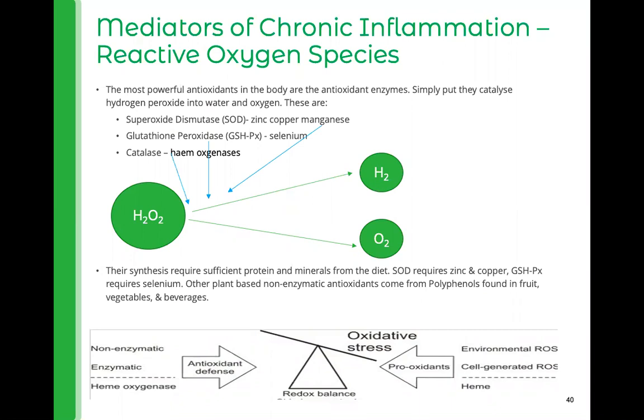You can put in as much vitamin C, vitamin E, selenium, all the other antioxidants that you want, but it's these enzymes that we really, really need, because they are the ones that catalyze the breakup of this really damaging molecule into two harmless molecules, hydrogen and oxygen. So this is where these enzymes are really important. And some of these are reliant on nutrients.